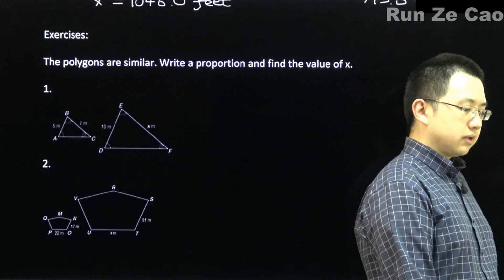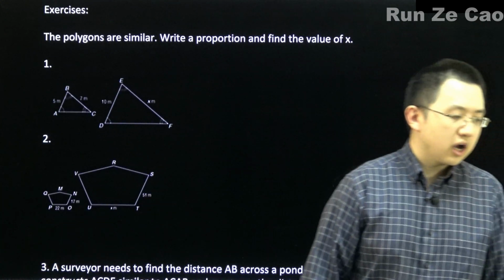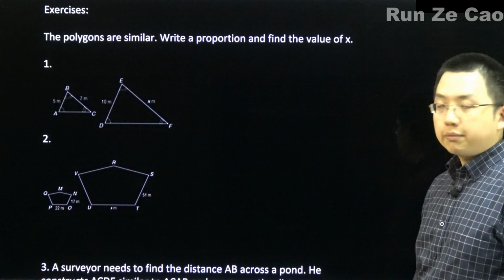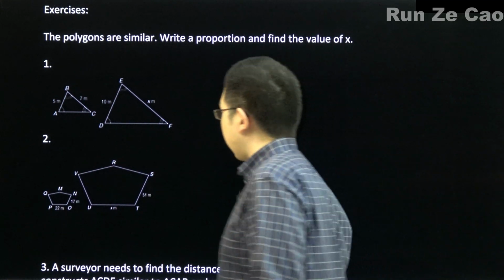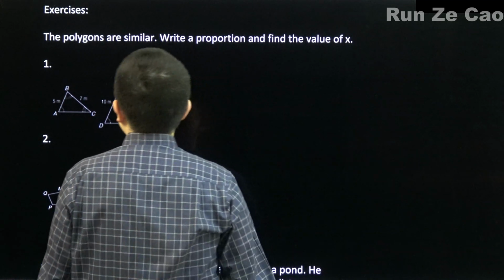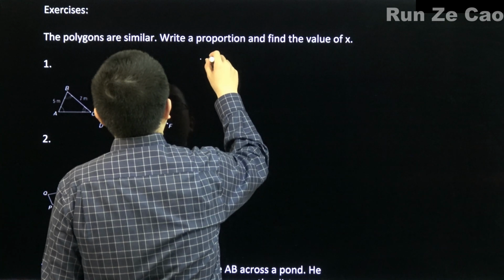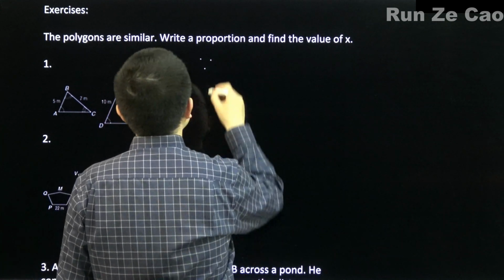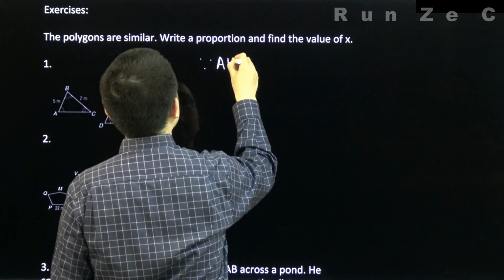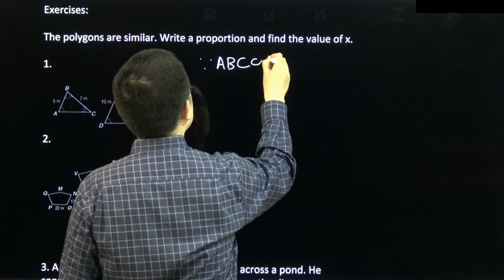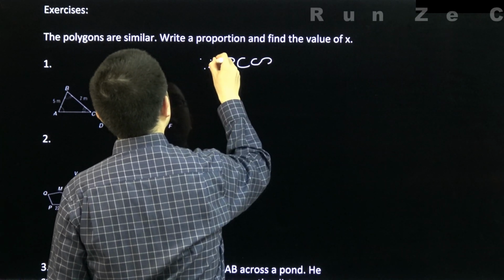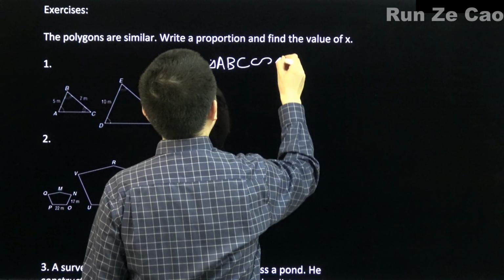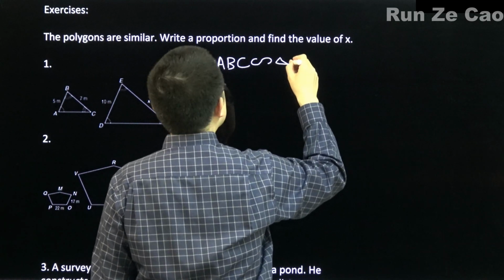So let's do some exercises. These polygons are similar. Write a proportion and find the value of x. So our statement would begin with, because triangle ABC is similar to, technically because they're triangles, you should distinguish that fact, triangle DEF.